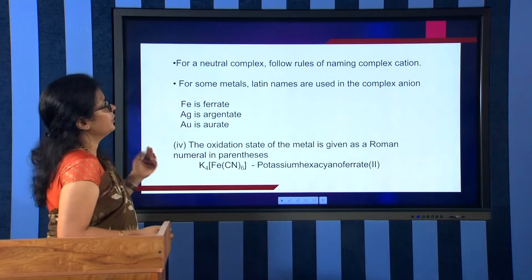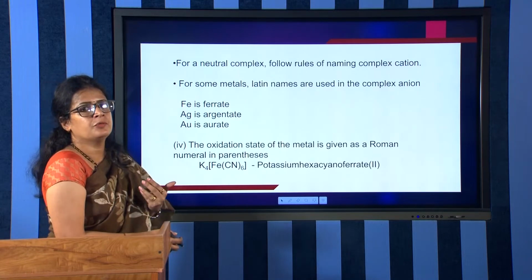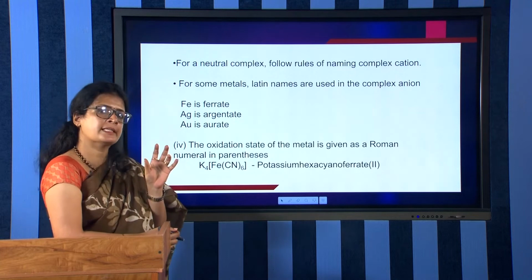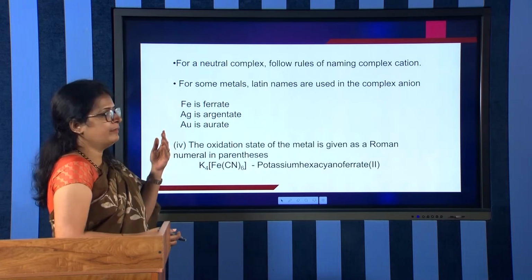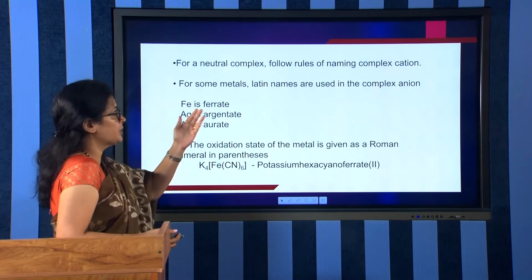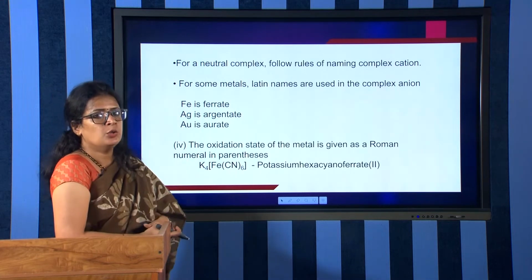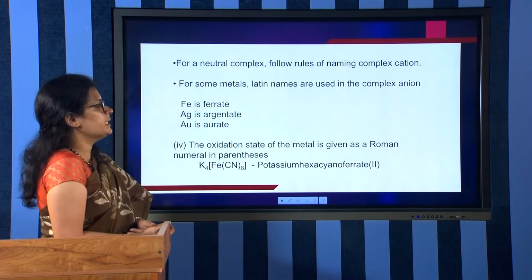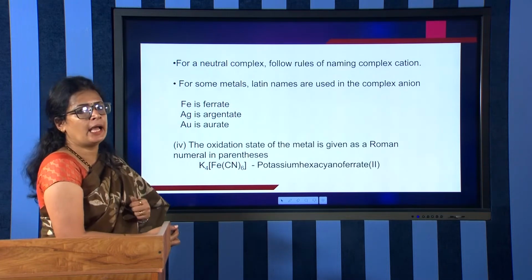And next, for a neutral complex, we have to follow certain rules. That is, the rules of naming the complex cation are used. Already we have discussed the rule for naming a cationic complex. That should be followed in the case of neutral complexes also. And for some metals, Latin names are used in the complex anion.